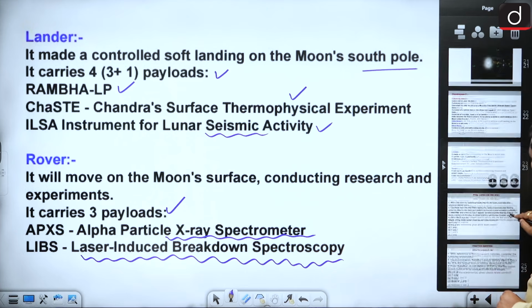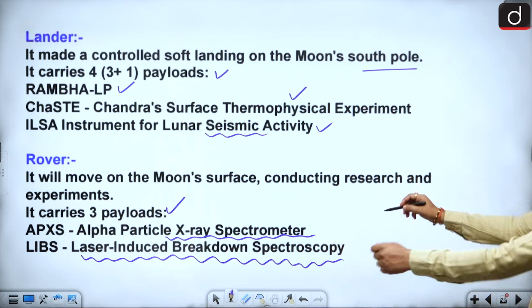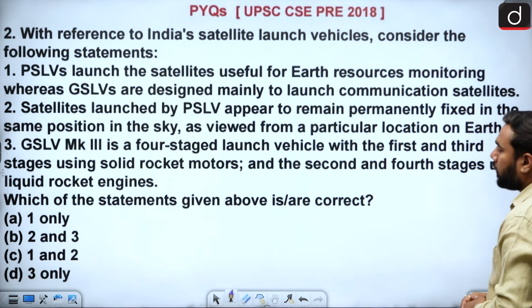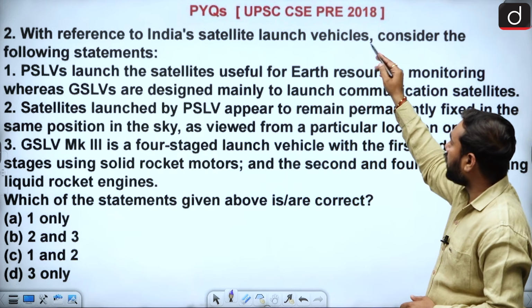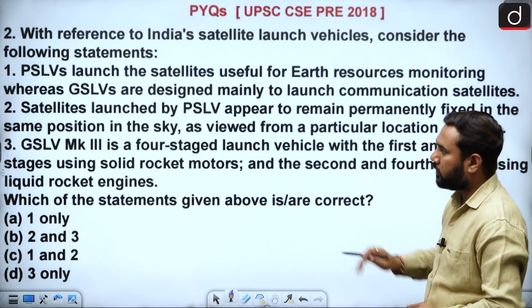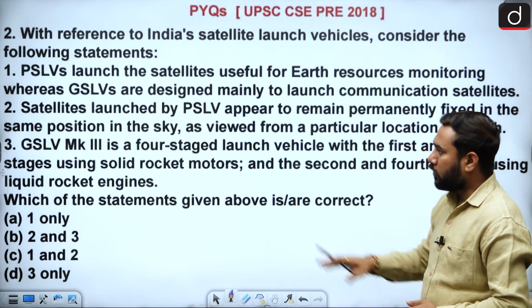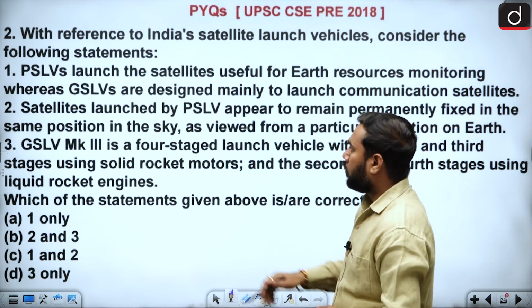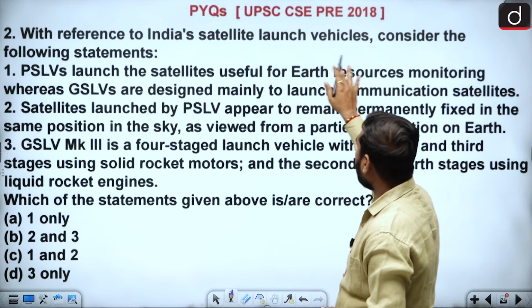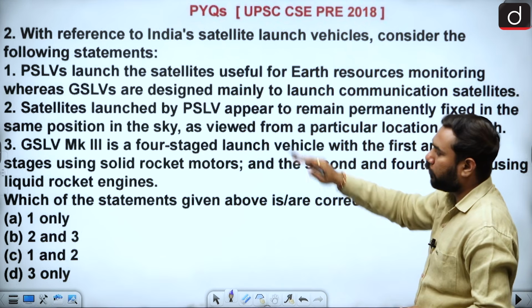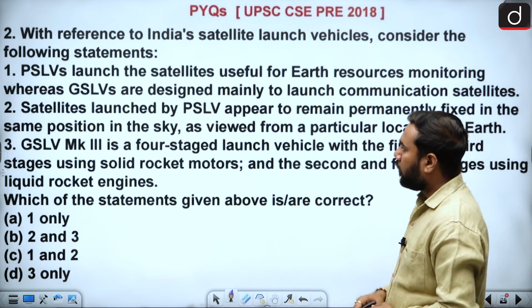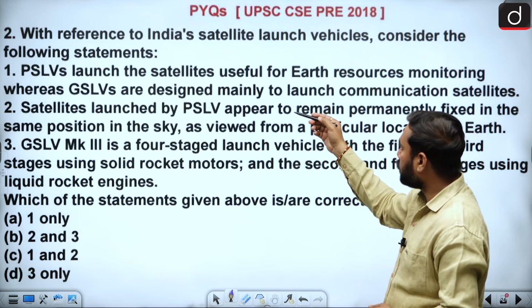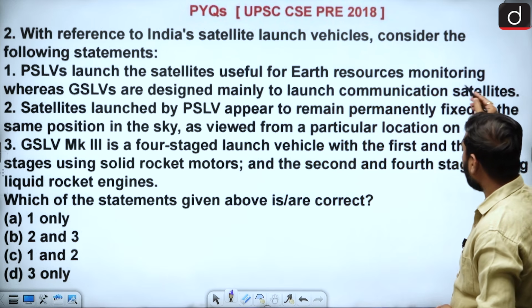So this is something related to ISRO's missions. And now if I talk about the question, your prelims already asked a question in 2018 related to this context. So you have to study the statements. With reference to India's satellite launch vehicles, consider the following statements. First statement, PSLV launches the satellites useful for Earth resource monitoring.